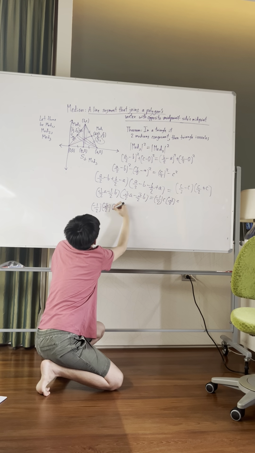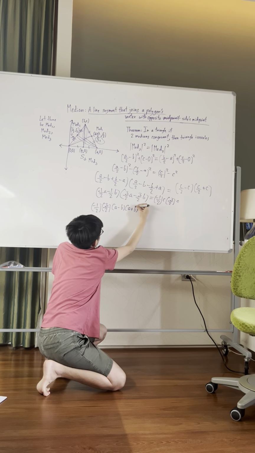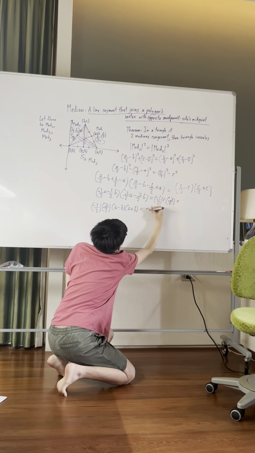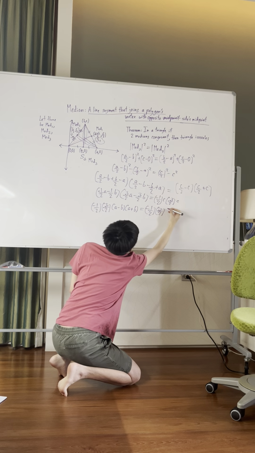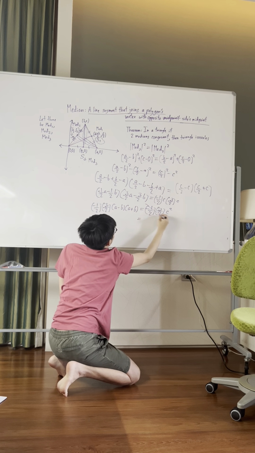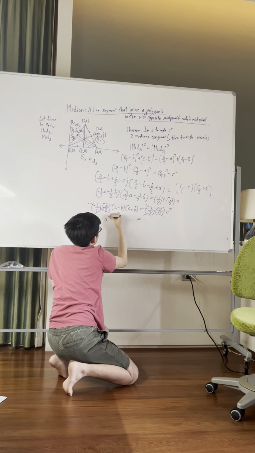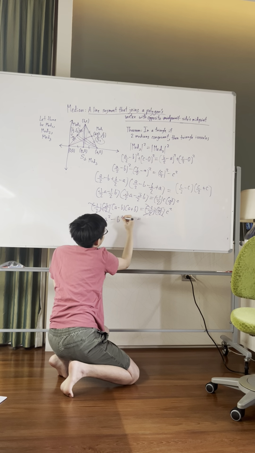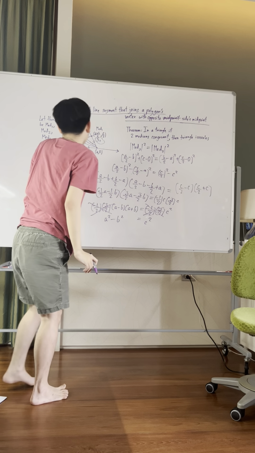That just leaves us with (a minus b) times (a plus b) equals minus a half times three halves c squared. All of this disappears. And we can re-expand this as a squared minus b squared, which equals c squared.